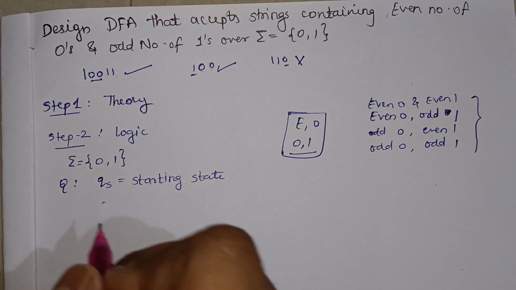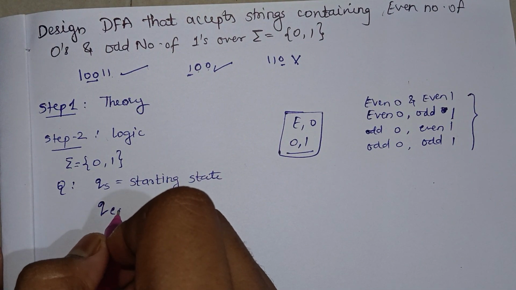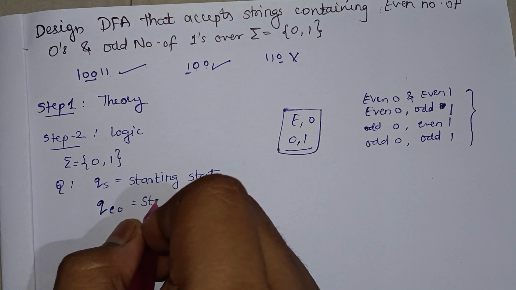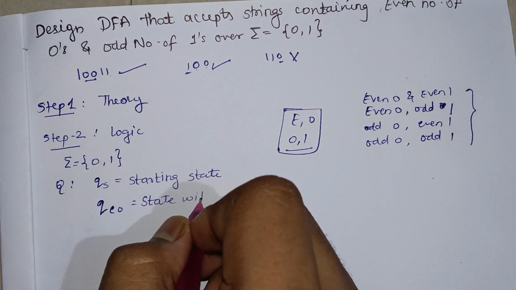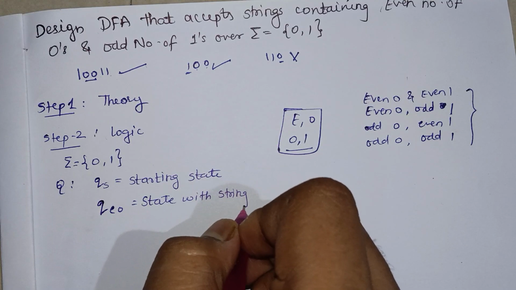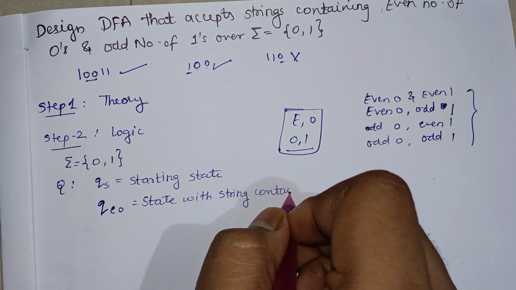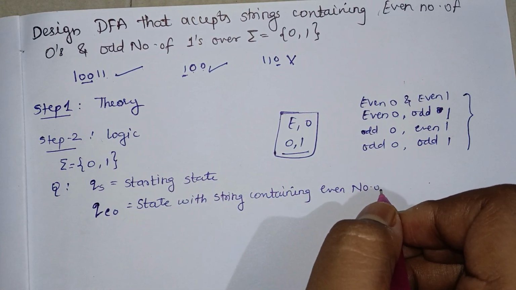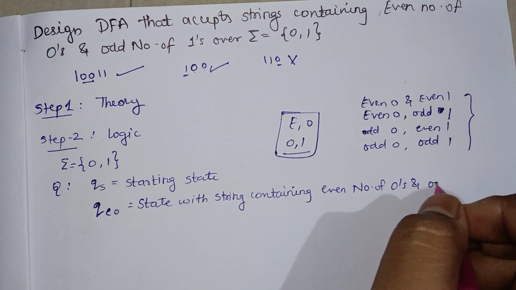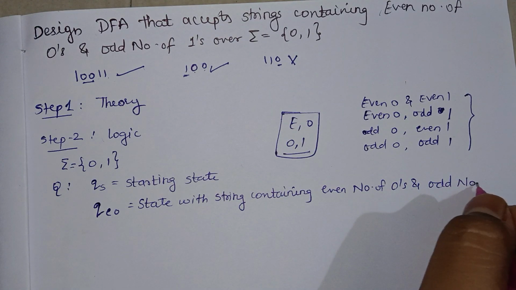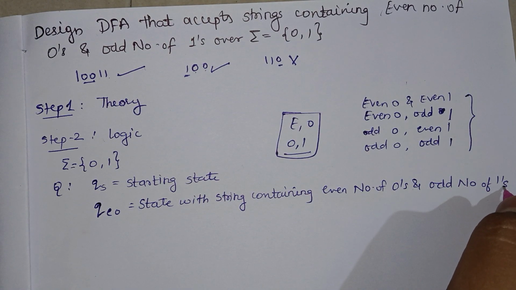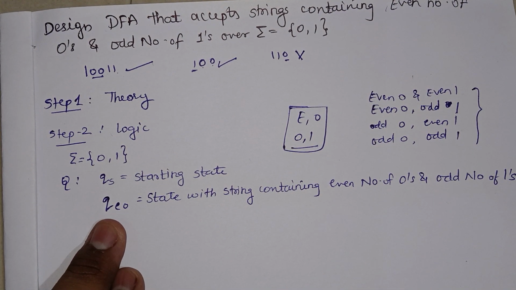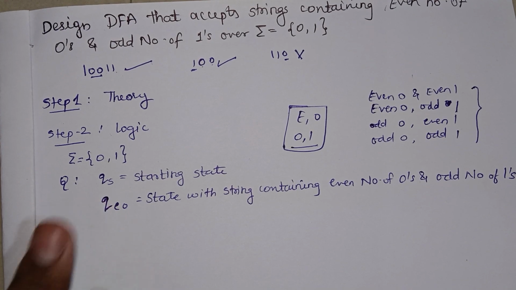So I am taking the convention name as QEO. QEO is the state with strings containing an even number of zeros and an odd number of ones.